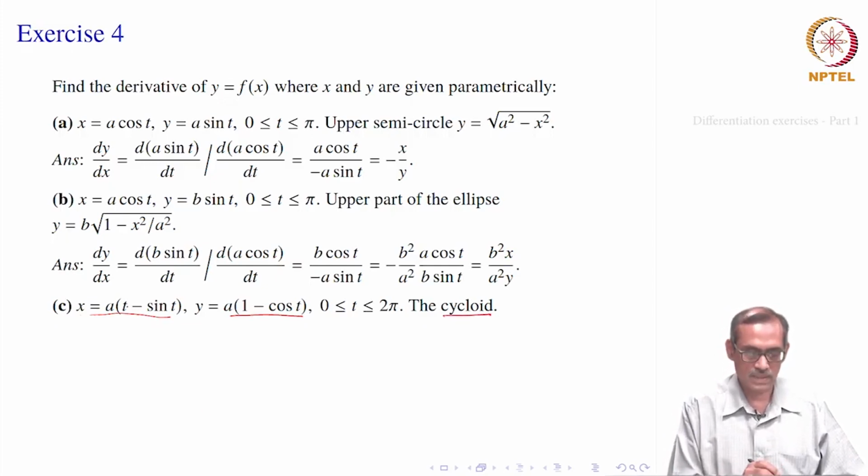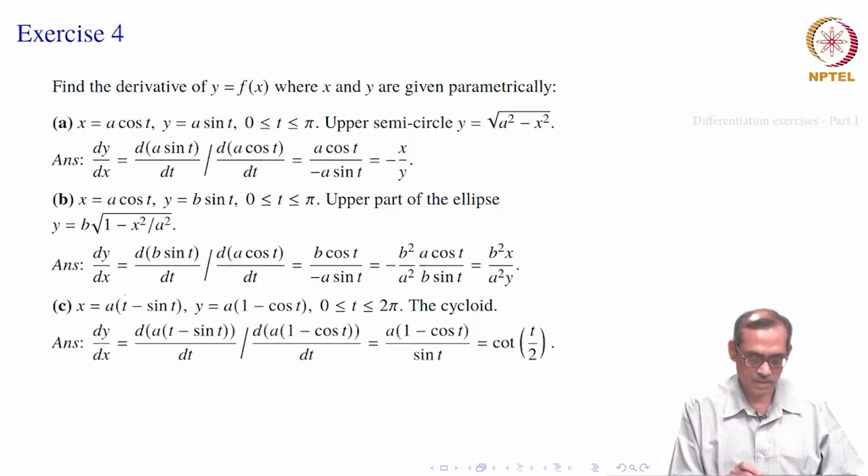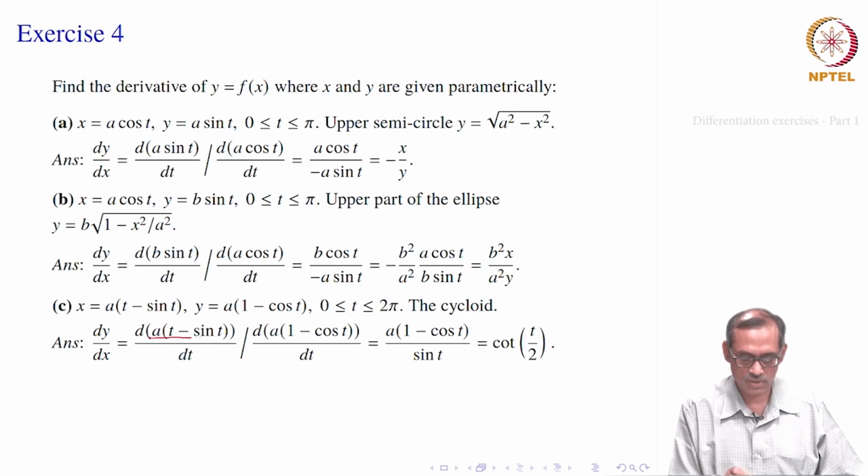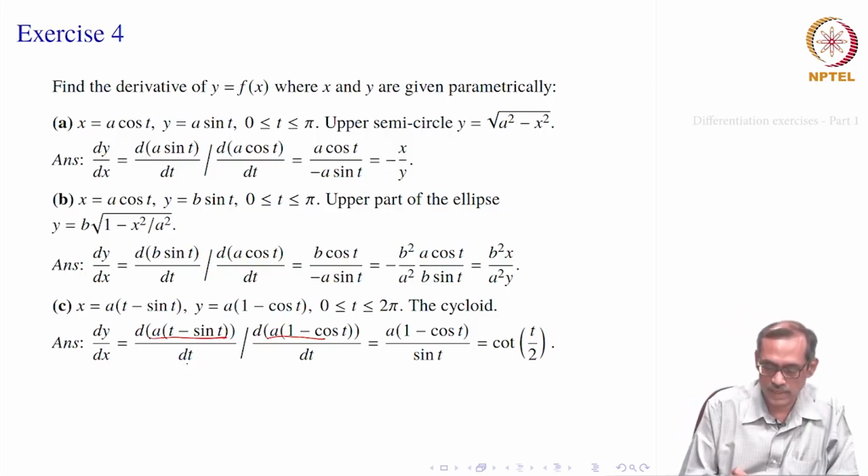Now, we proceed again similarly and compute dy by dx, which is d of x over dt divided by dy over dt, which is, we want dy by dx. So, there is some problem here. It should be dy by dx, not dx by dy.